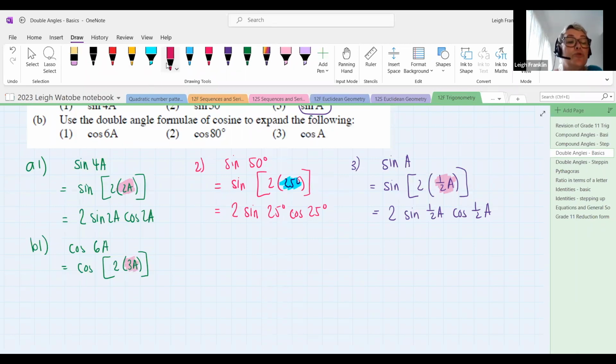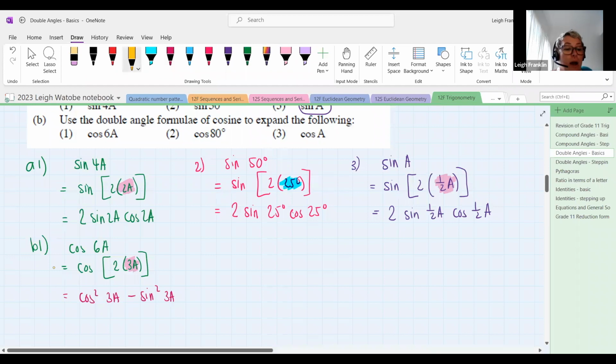Now you can choose. You've got 3 ways in which you can write your answer. What I'm going to choose to do is write it as cos squared 3a minus sine squared 3a. That would be one option. If I wanted to, I could write it as 2 cos squared 3a minus 1.